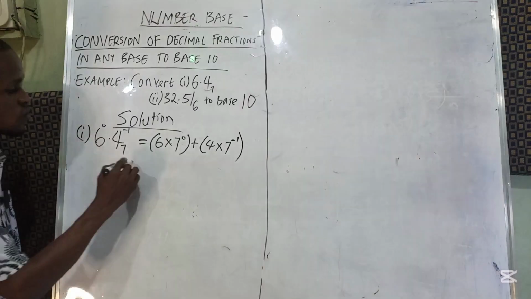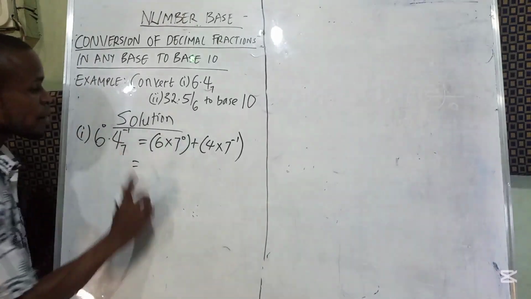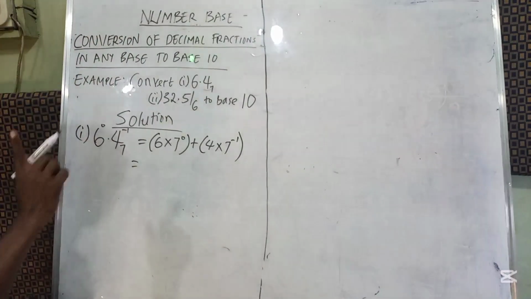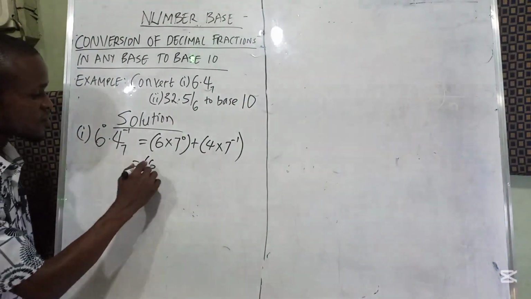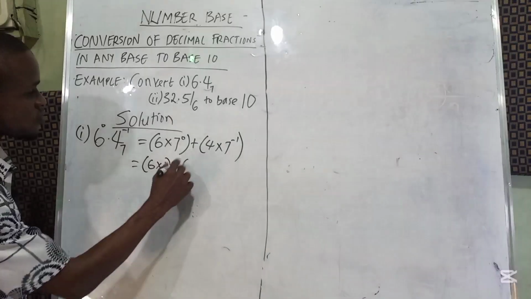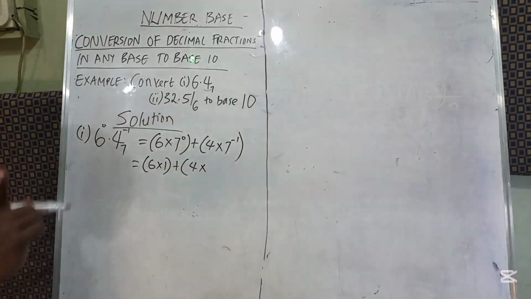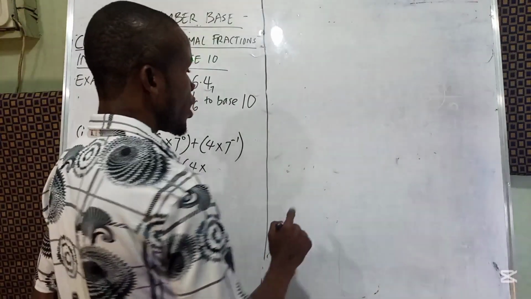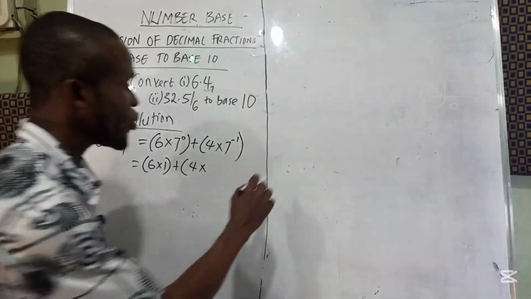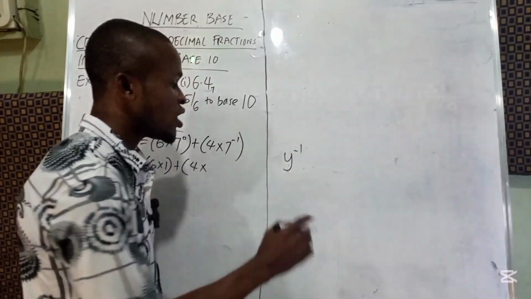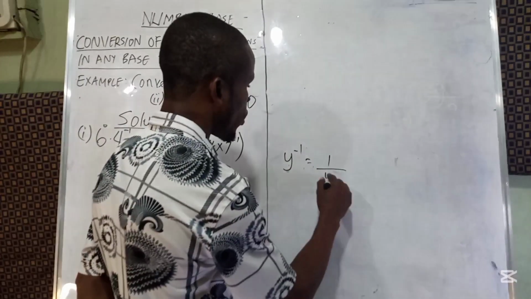All right, so this is equal to 6. Remember from indices, a number raised to the power of 0, apart from 0, is 1. So that implies 6 times 1, plus 4 times, from indices knowledge, remember that when we have a negative index, y raised to negative 1 implies 1 over y.